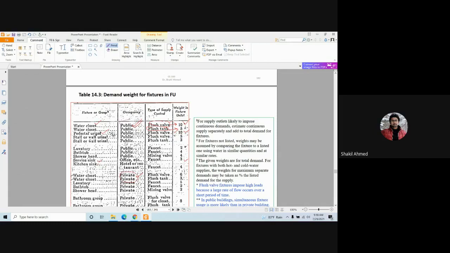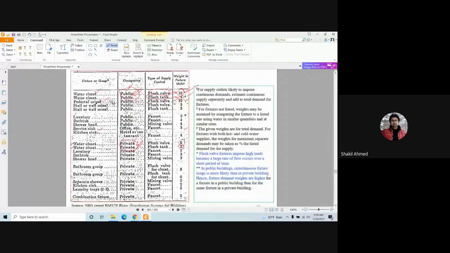So in case of public water closets and fixtures, you need more than the private one. Look at this, 6 versus 10, 3 versus 5. So you need more in case of public fixtures compared to the private fixtures. Okay.